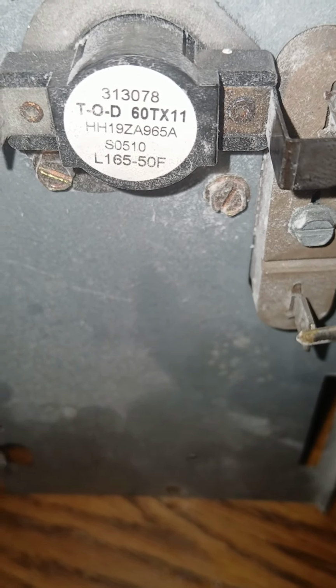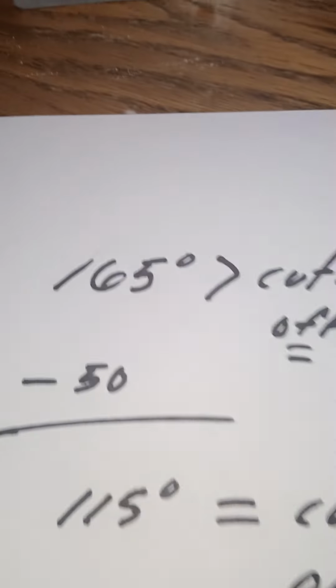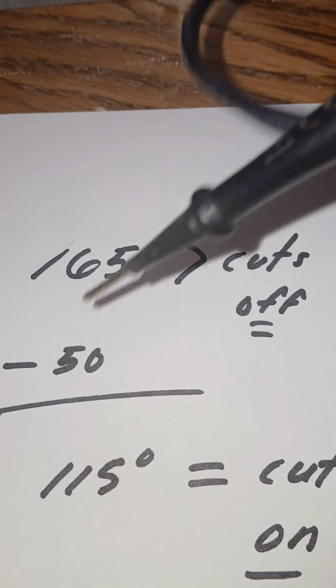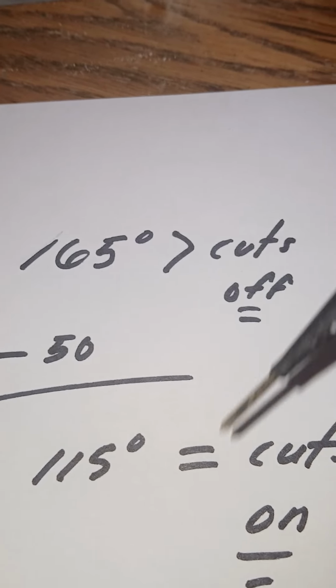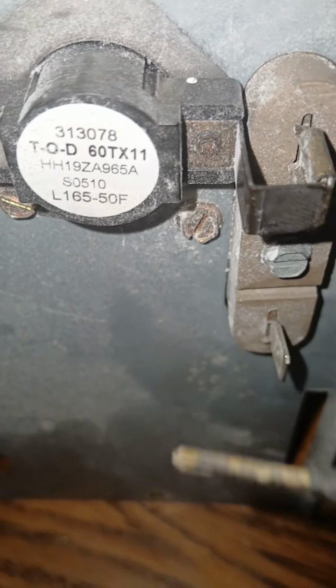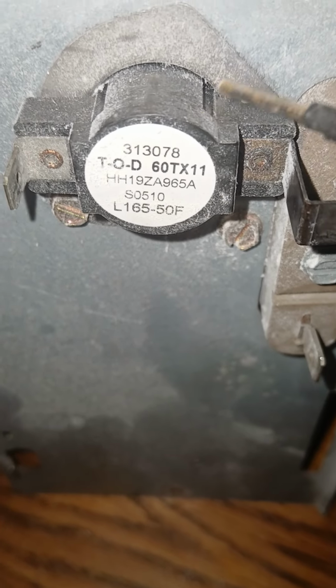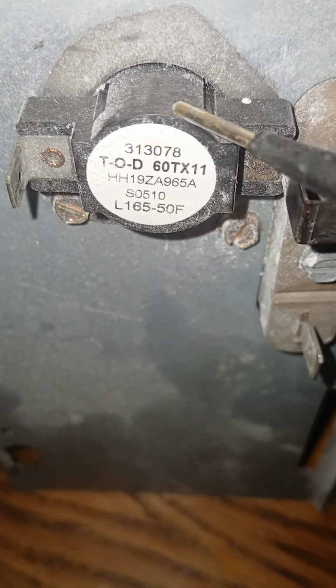But it goes 165 minus 50. If we take 165 and subtract 50, that leaves 115. I'm assuming, and the experts can add this, I'm not sure if this is fact or fiction, but if it hits 115 degrees, this closes. Once it closes, then what happens?